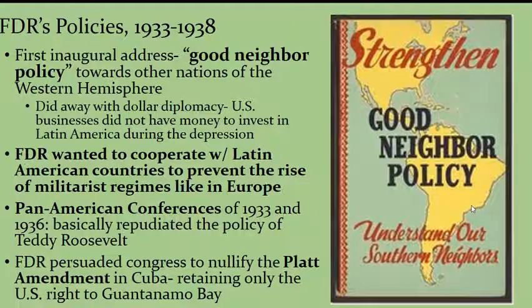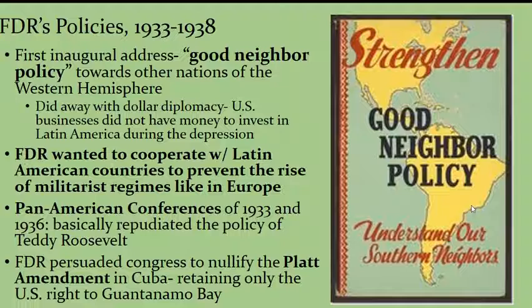So FDR is trying to cooperate with Latin American countries, mostly to prevent the rise of some sort of militaristic regime like what is going on in Europe. This is kind of similar to the Cold War, in that we really try to influence ourselves in South America in order to prevent the spread of communism.